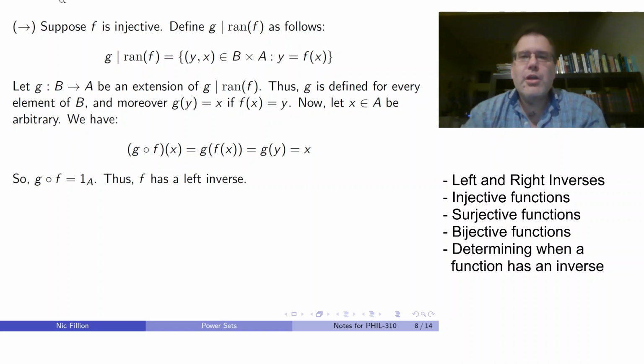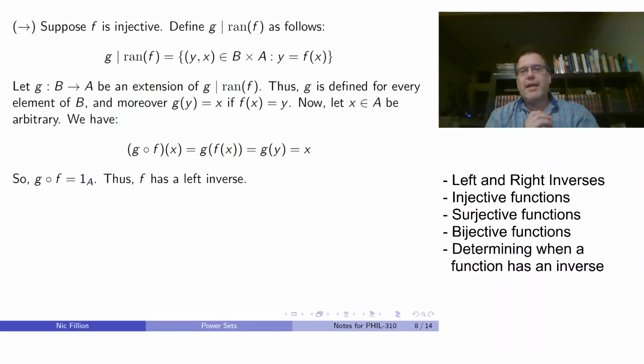Okay, so the first thing we're going to do is think of a function from B to A, and we're first going to start with the restriction of the function g to the range of f.